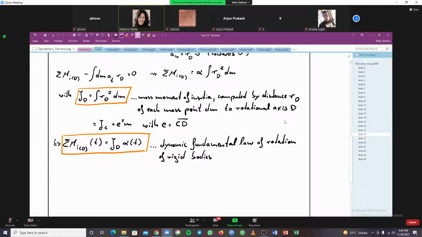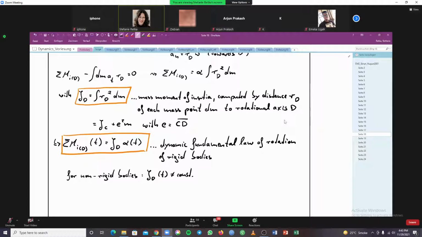If our body would not be rigid, then the mass moment of inertia would also be time dependent. Okay, so in general, assuming non-rigid objects, the mass moment of inertia would not be constant.